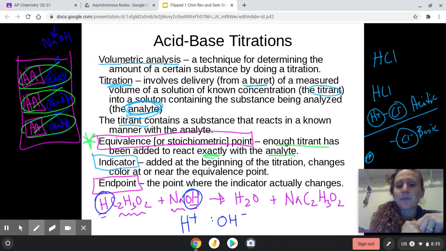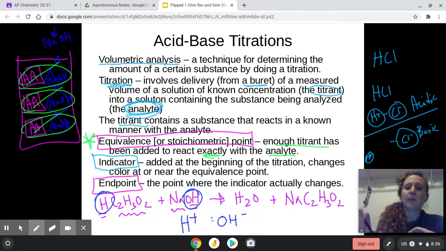And so your endpoint and your equivalence point are not always the same. Now ours was because we picked an indicator to change at the right point for our reaction. And that's what you want to try and do for titrations. When we get into acids and bases, we'll talk about how to pick an indicator. But for now, I'll just tell you the right indicator to use.